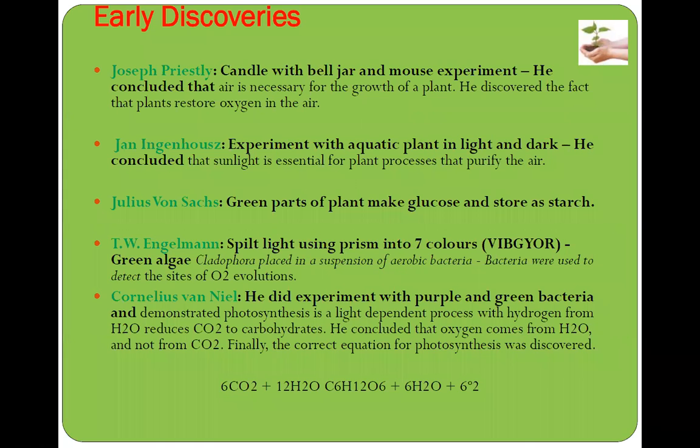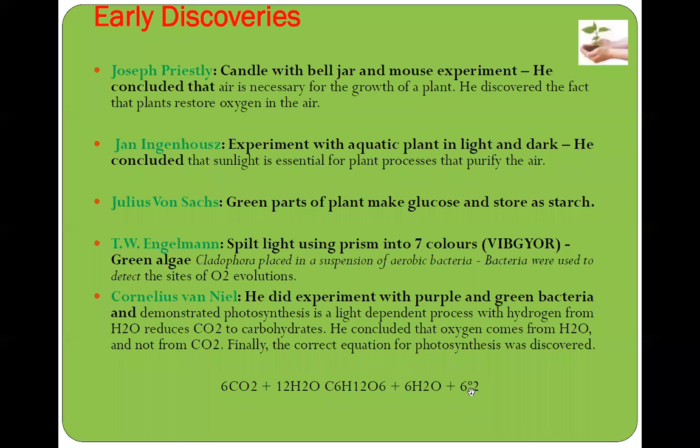He concluded that oxygen comes from the H2O molecule and not from CO2. Finally, the correct equation for photosynthesis was discovered, and that is 6CO2 plus 12H2O gives C6H12O6 plus 6H2O plus 6O2, right?